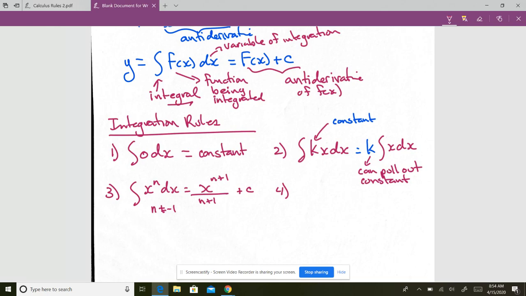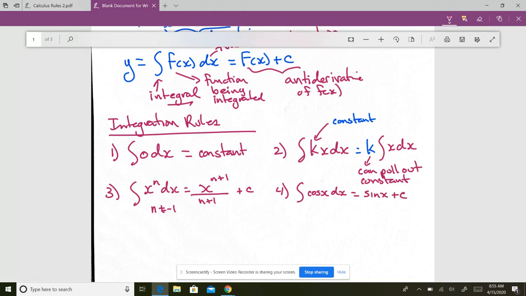And the fourth one is around trig ones. There's no real rule here. Integral of cos x dx, i.e. the derivative of what function gives you cosine? Well, that's sine x plus c. And if I asked for the integral of sine x dx, i.e. the derivative of what function gives you sine, it would be negative cos x plus c.